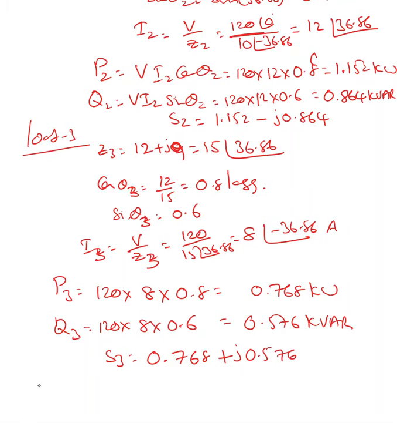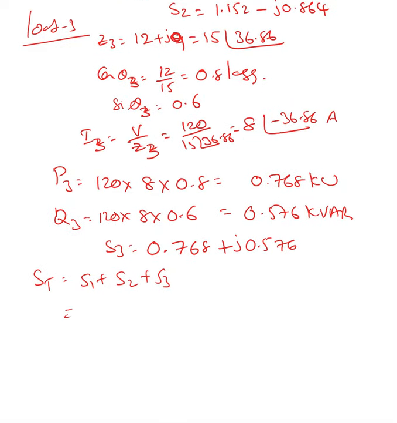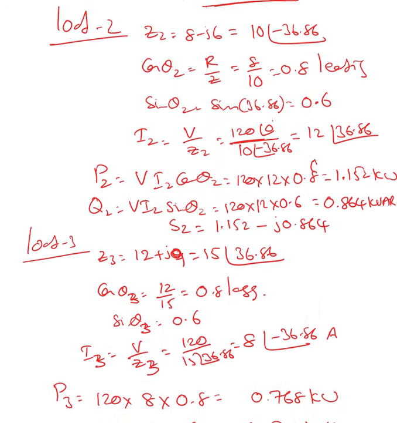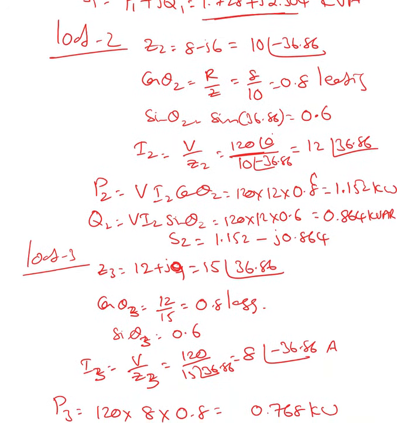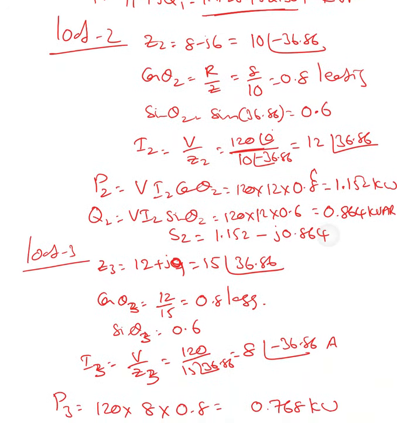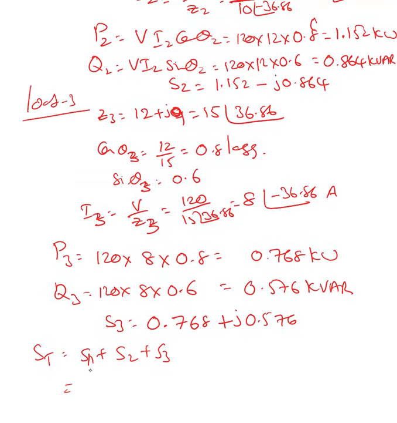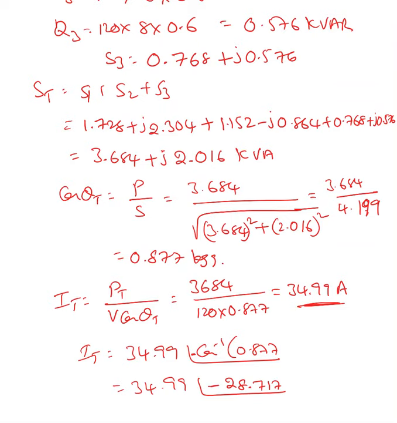So S total equal to S1 plus S2 plus S3. What is the total? S1 is 1.728 plus J 2.304, S2 is 1.152 minus J 0.864, S3 is 0.768 plus J 0.576.